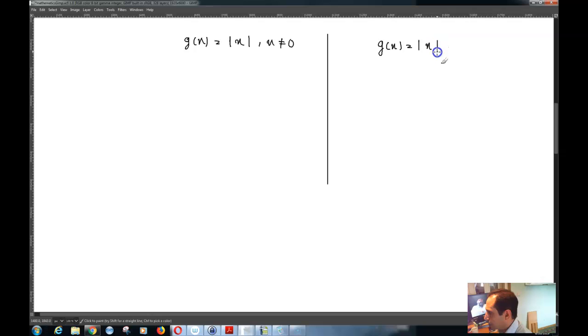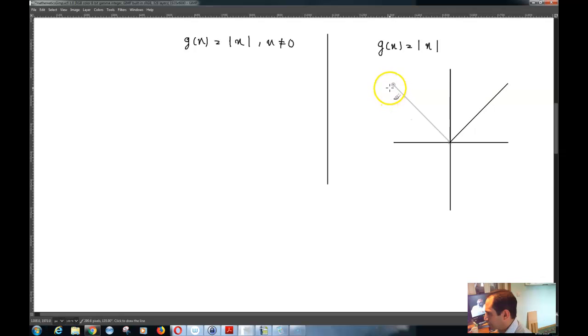So the next case that we have here is to consider some function, for example g of x. g of x is equal to the absolute value of x, where x is not equal to 0. Normally, if you had g of x equal to the absolute value of x, you would have some function like this.